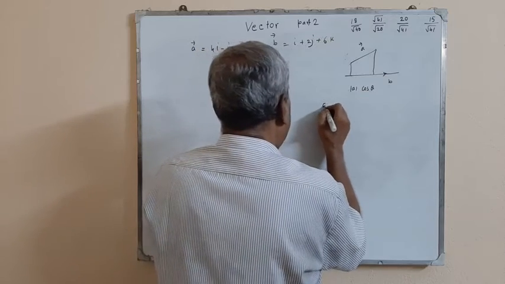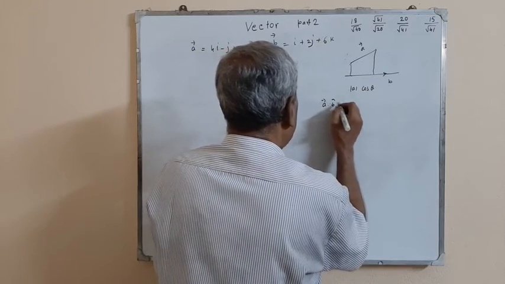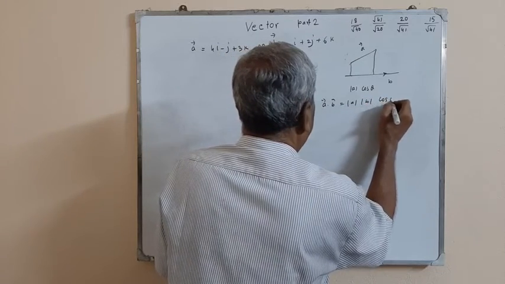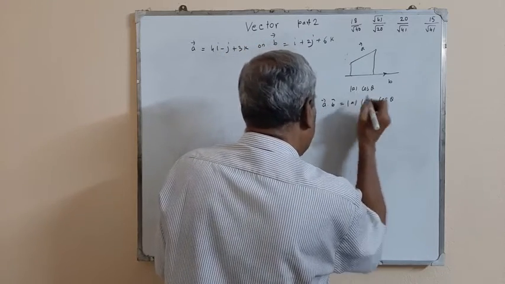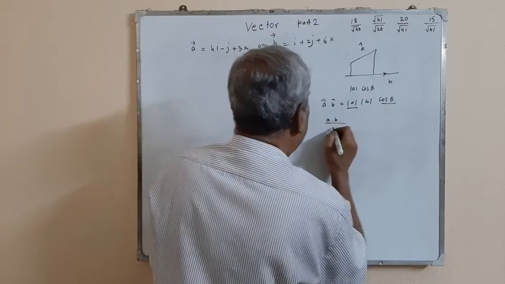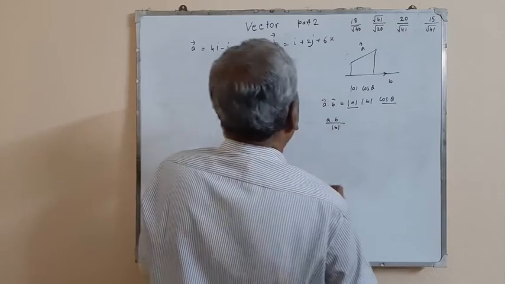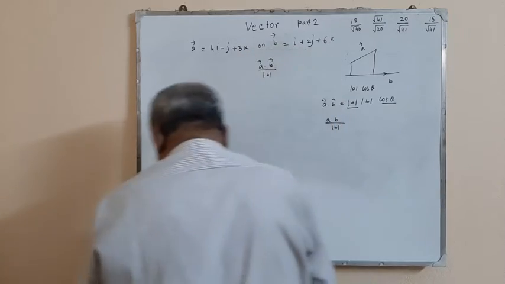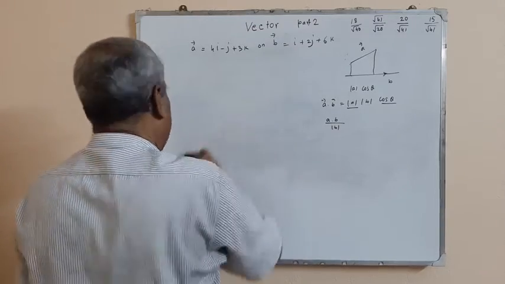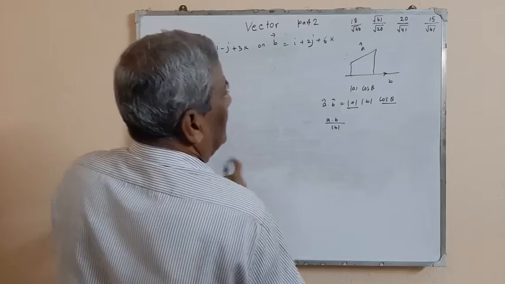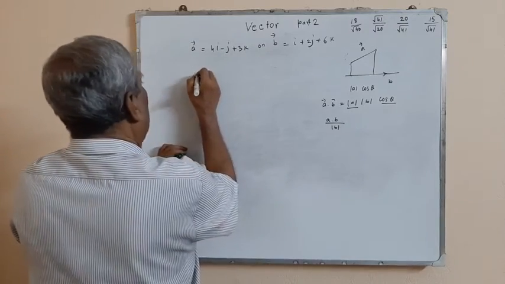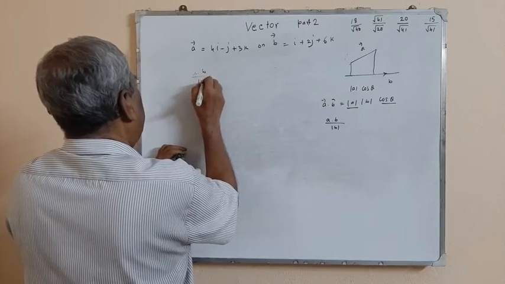And A dot B is equal to magnitude A magnitude B into cos theta. We want magnitude A cos theta, which is A dot B by magnitude B. Therefore, projection of A on B is A dot B by magnitude B.